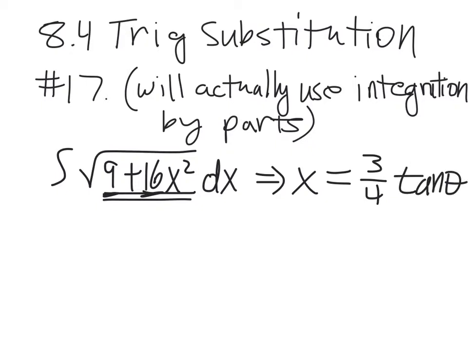The 3/4, when we square 3/4, we'll get 9/16. The 16s will cancel out, and then we'll be able to factor the 9 out. And then the tangent is needed. We'll have 1 plus tangent squared theta, which is your secant squared for your identity.